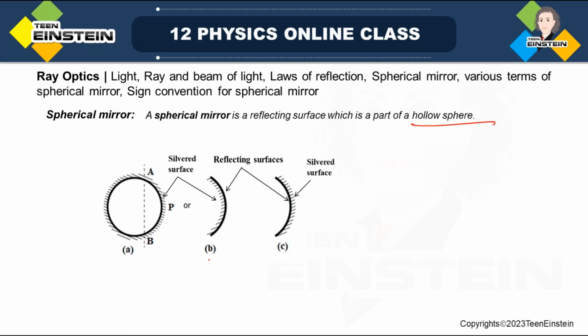This B is convex. You can see the bulge portion, the bulge outer side. If the bulged outside surface is acting as a reflecting surface, then it is called a convex mirror.